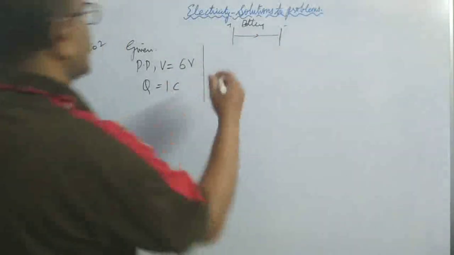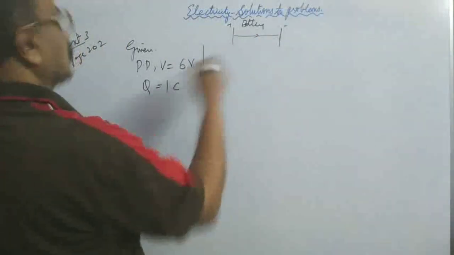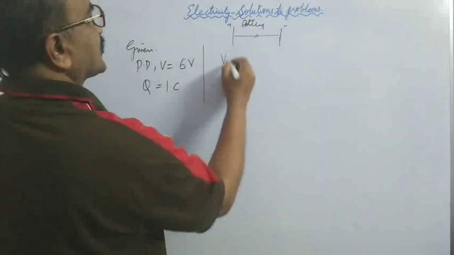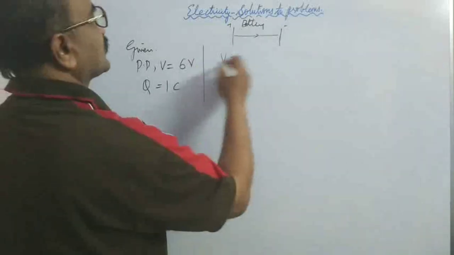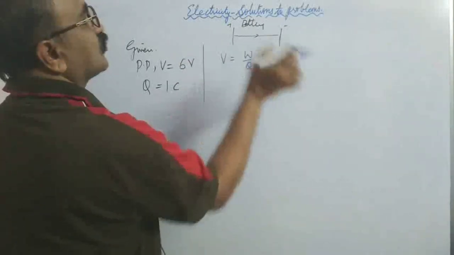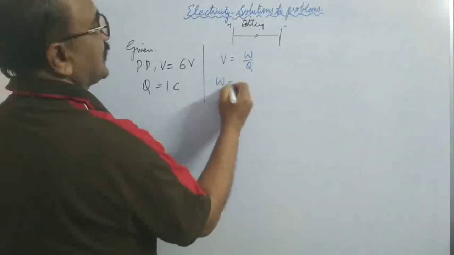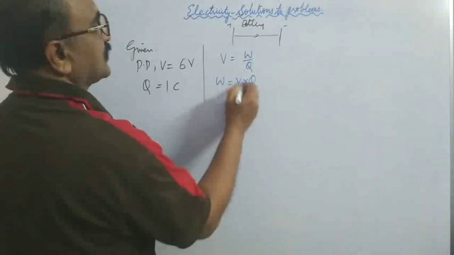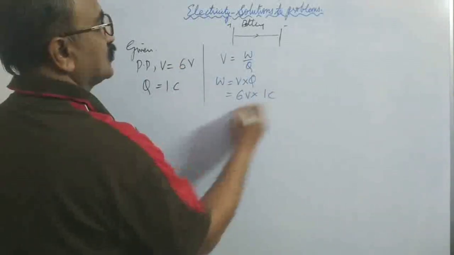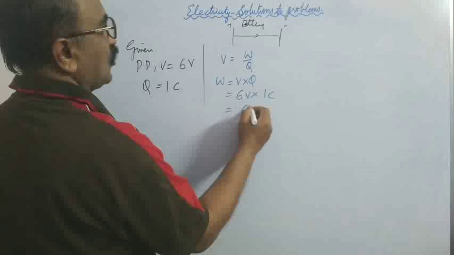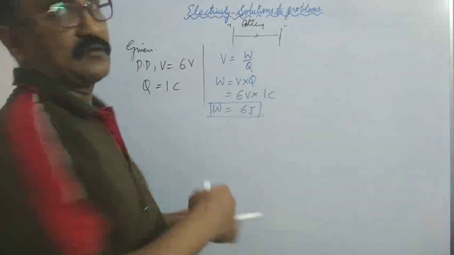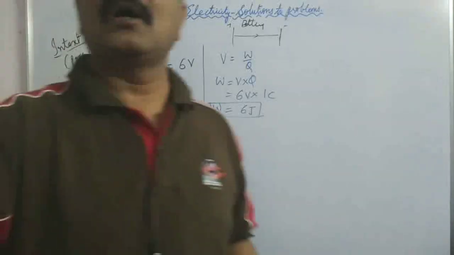You can again go back to the basic formula. Potential difference, or the electromotive force here, is equal to W by Q, and W indicates the amount of energy. Again, W equals V into Q. What is V, children? That's 6 volt into 1 coulomb, that is 6 joule of energy. So 6 joule of energy is required. So children, there we are.